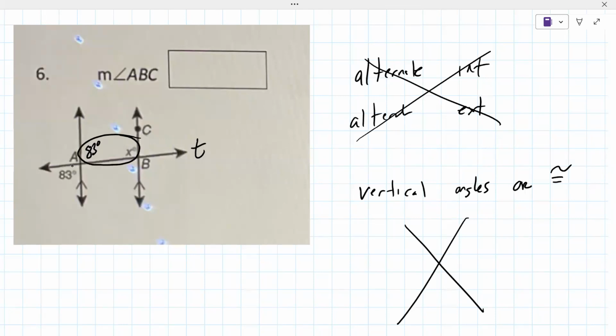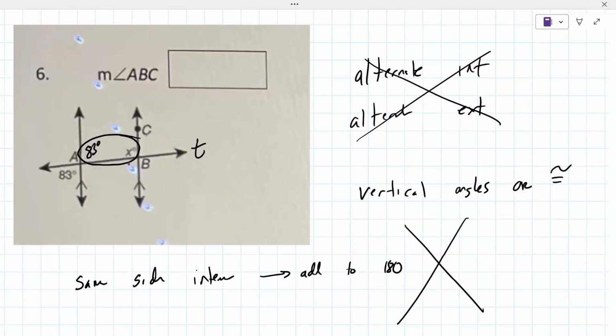Are they on the same side of the transversal or do they alternate over it? Same side. Are they both in the interior or the exterior? Interior. Okay. So since they're both in the interior, this is just like the last one. They add up to what? 180. Yeah.